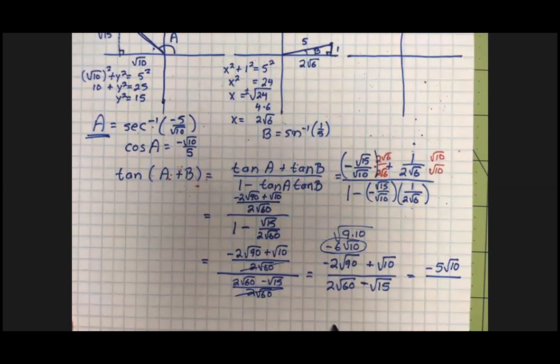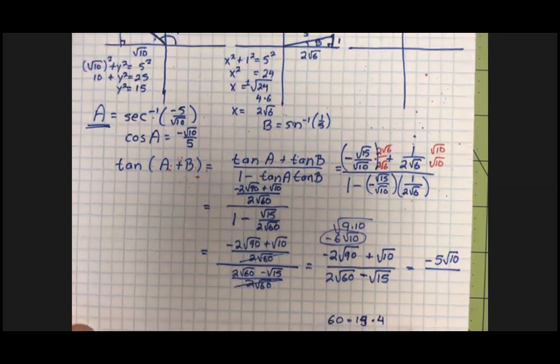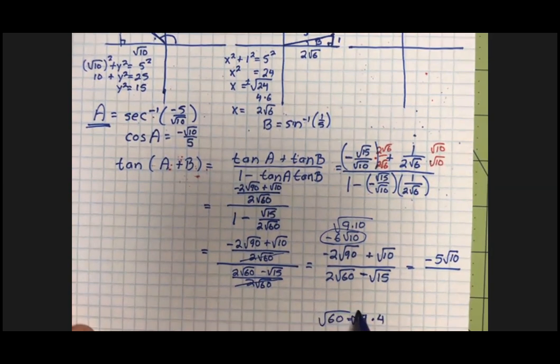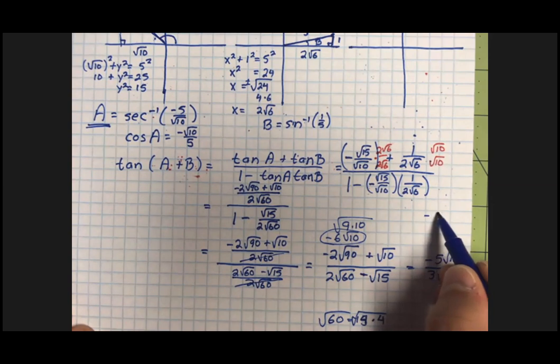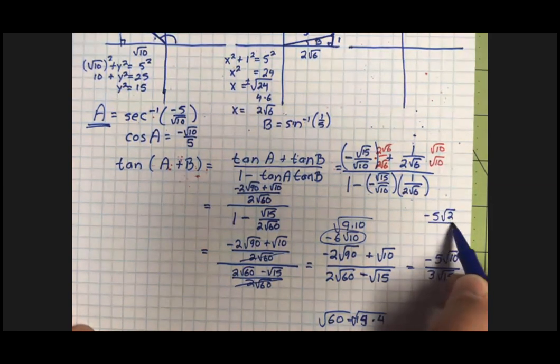Let's think about 60 as 4 times 15. So the square root of 60 is the square root of 15 times 4, 2√15. So this is 4√15 minus 1√15, which is 3√15. Then in between that, √10 and √15 both share √5. I could cancel that out and say minus 5√2 over 3√3.